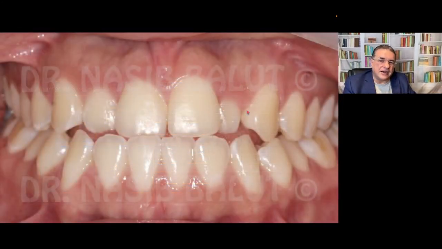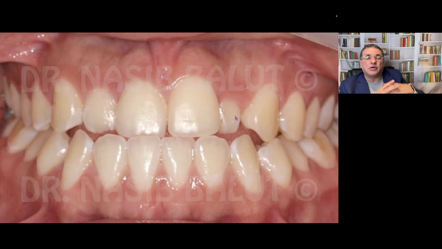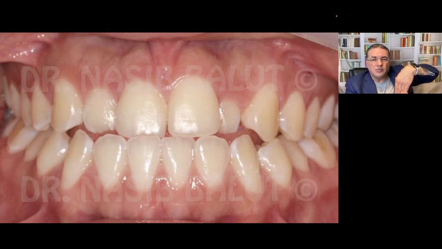We have to take care about the cortical bone in this one, because it's behind and the root is a little bit over the root of the lateral. Sometimes the amount of cortical bone in those cases is not as nice as we would like to see it. The good thing is when we are leveling and aligning, we will bring the crown forward.